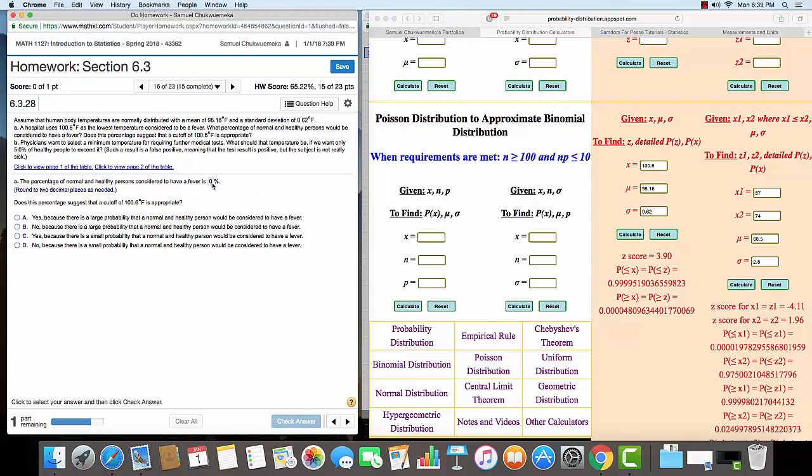You're going to look at it that way first. And you see it's 0% also. So I think that's a reasonable cutoff, because 0% of normal and healthy persons have fever. That's what this is technically saying.